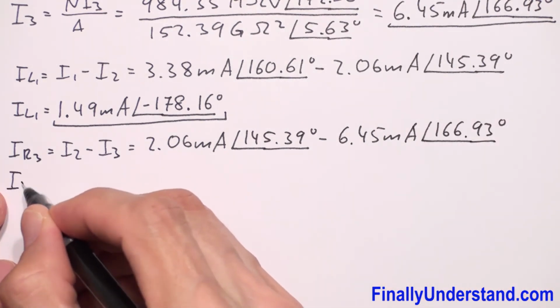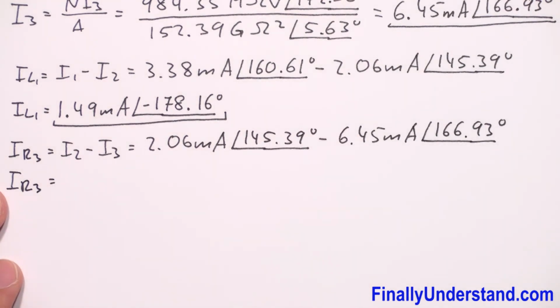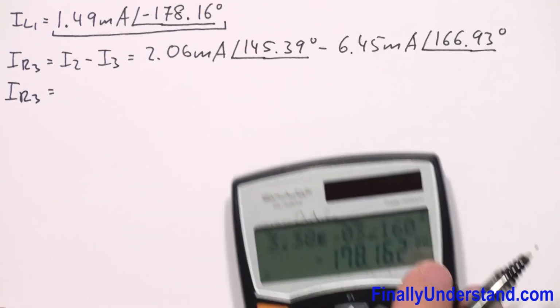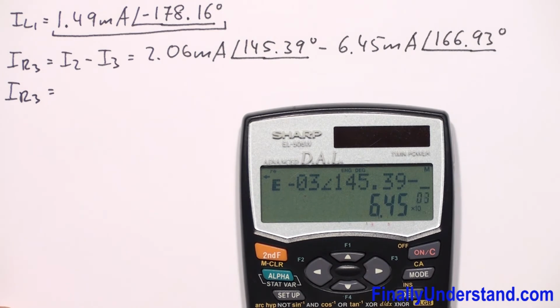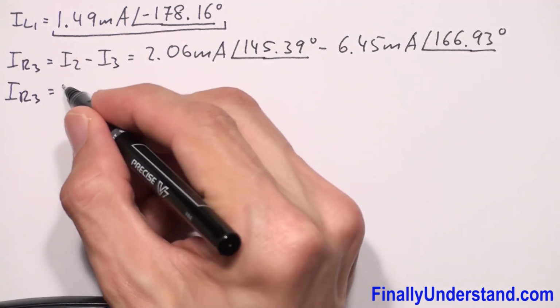So IR3 is equal to 2.06 × 10^-3 angle of 145.39 minus 6.45 × 10^-3 angle of 166.93. This is equal to 4.59 milliamps.